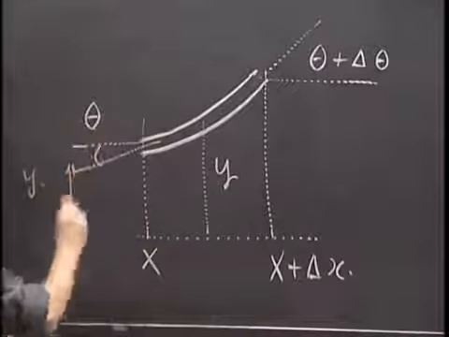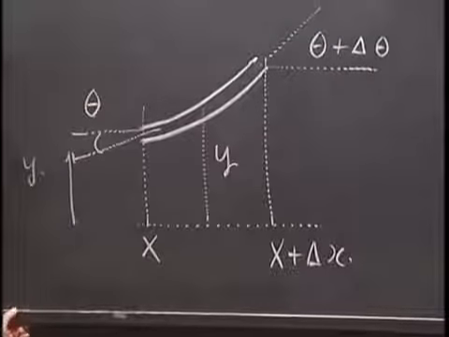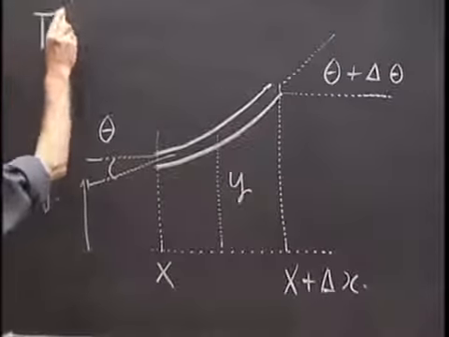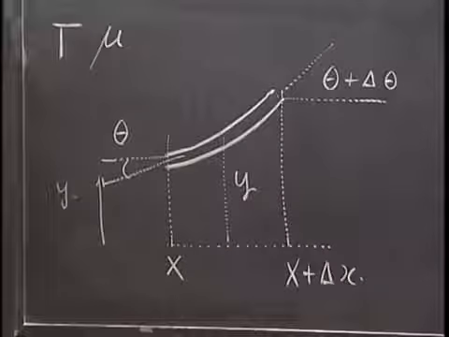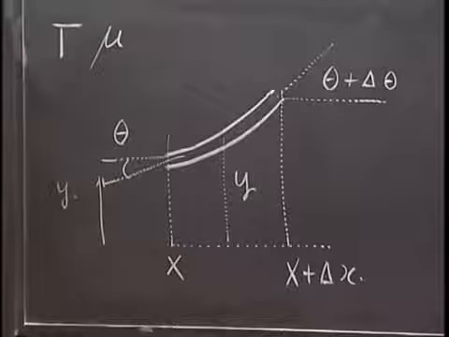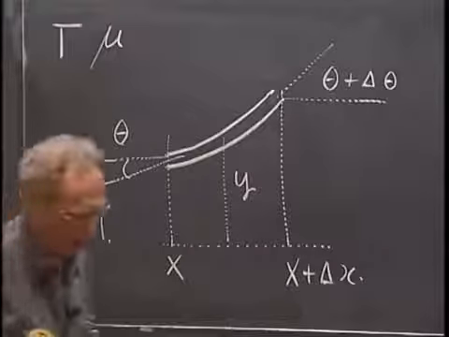theta. We have a tension T on the line, and mu is the mass per unit length. So you tell me what the mass per 1 meter is, and I know what mu is. It's the mass per unit length.